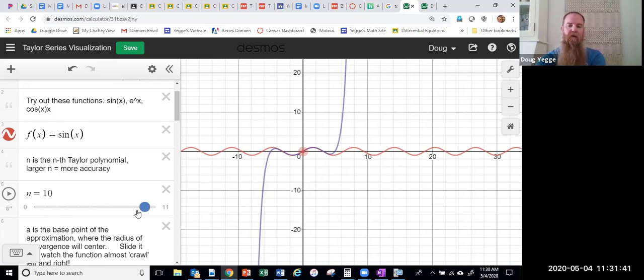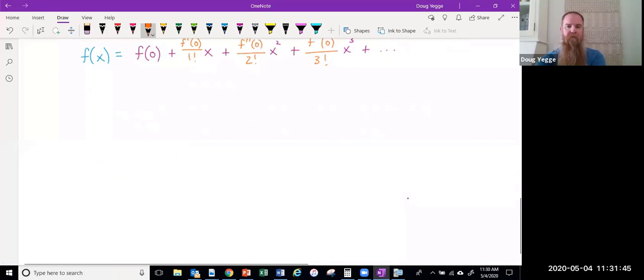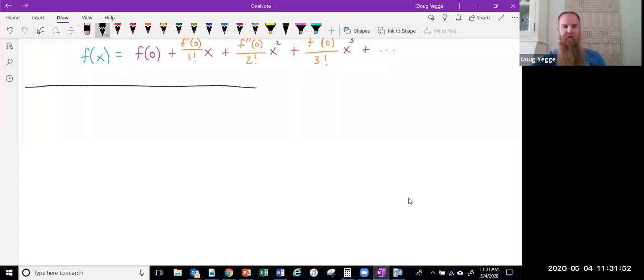Okay. So here's the idea. Now we're just going to do some examples here. I'm going to start off with sine x, and then I'm going to ask you guys to do a couple of other functions.